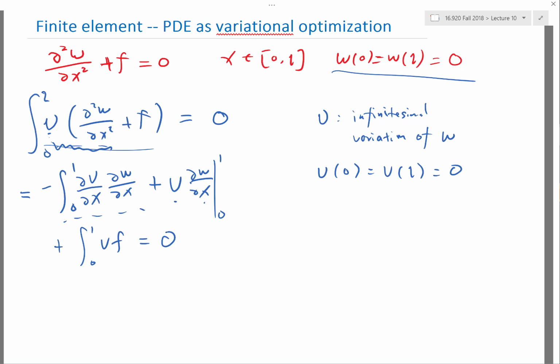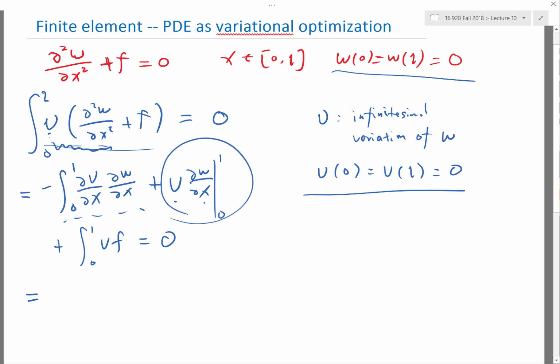Nope. Okay. The next step is to use this boundary condition of v, of the variation. This just means this whole boundary term is actually 0, right? The boundary condition serves as a tool to remove the boundary terms from the integration by parts.